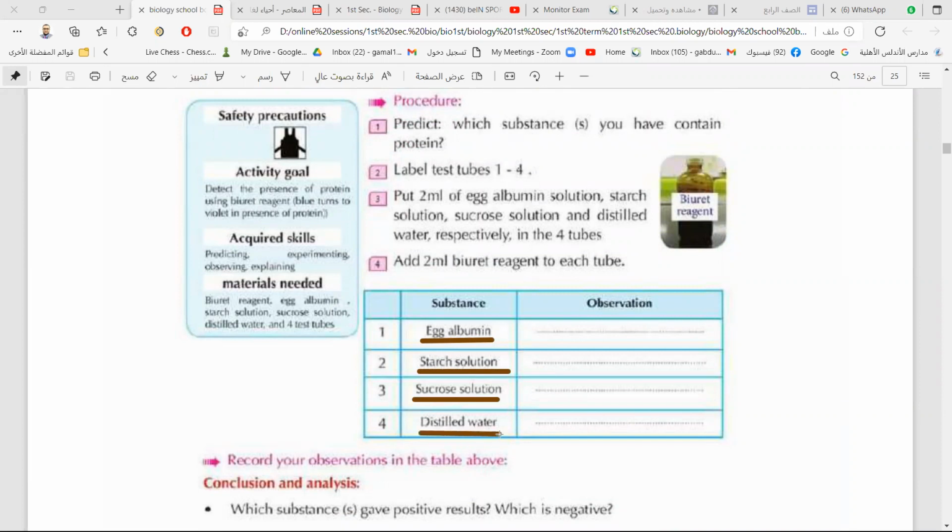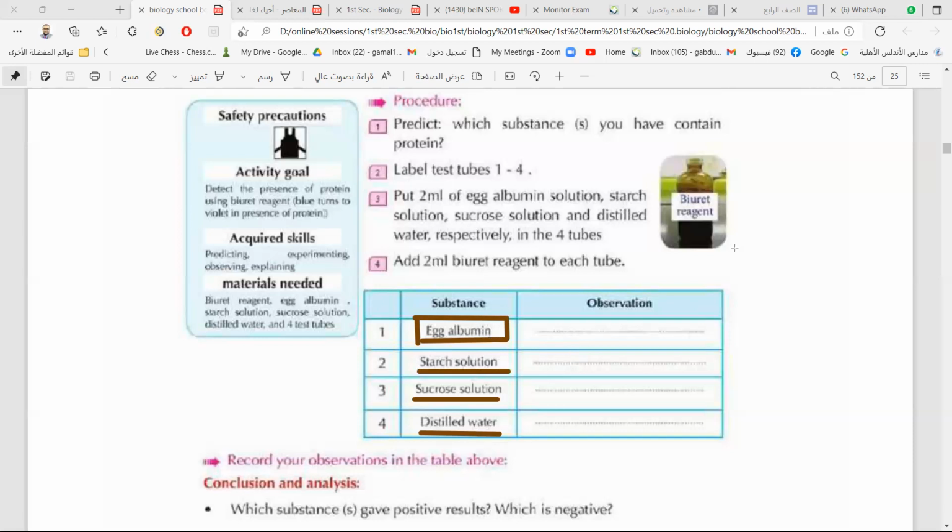Which of them contains protein? You think? Egg or starch or sucrose or distilled water? Which contains protein, which helps in building the body? Of course, it is egg albumin which contains the protein. The meat, the eggs, the milk, all of these contain protein.